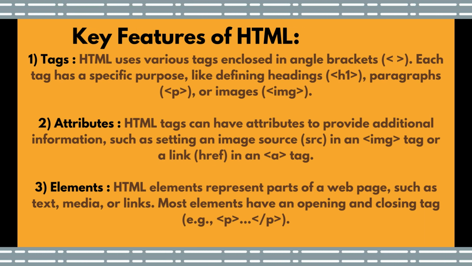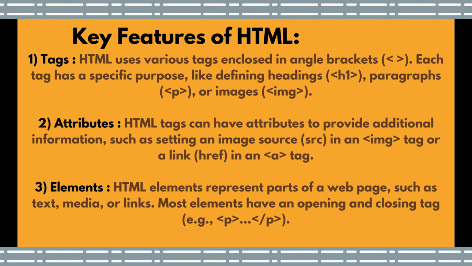Next, attributes. Attributes are used to provide extra information within tags. Not all tags have specific attributes, but when they do, attributes are written inside the opening tag. For example, when we use the image tag in a document, we also need to provide the link to the image that should appear on the screen.